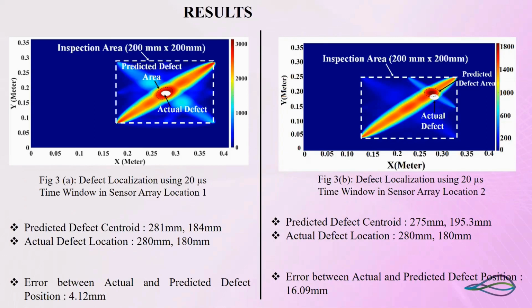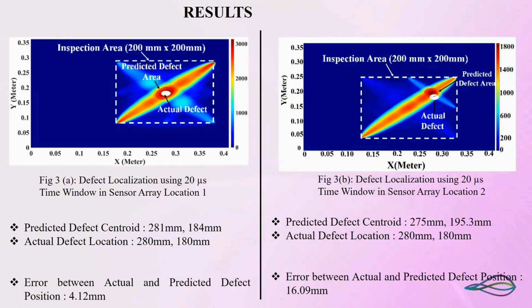In the next case, figure 3b, we have damage in a non-line of sight position. It is not in the middle, it is at the upper right corner. You can see the predicted defect area shown using a black dotted circle, while the actual defect is shown using the white circle.